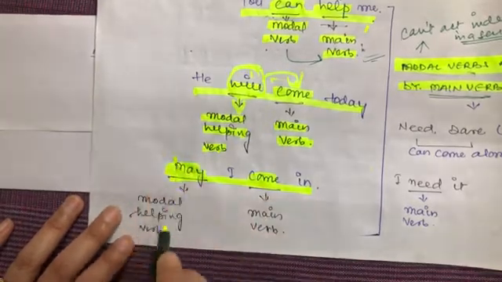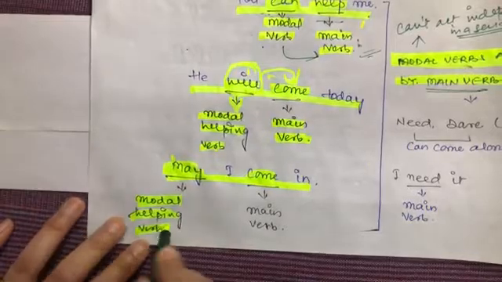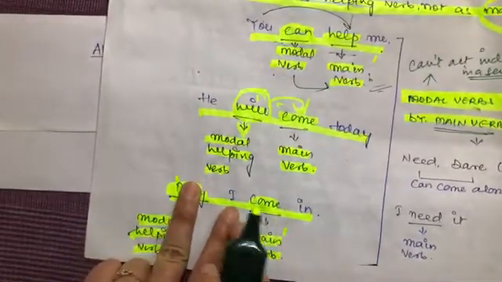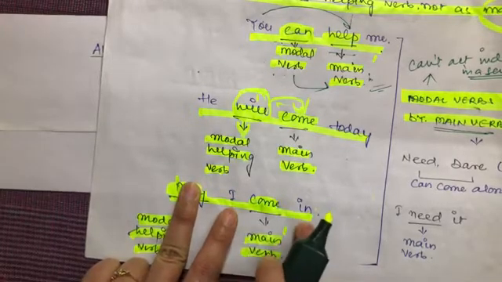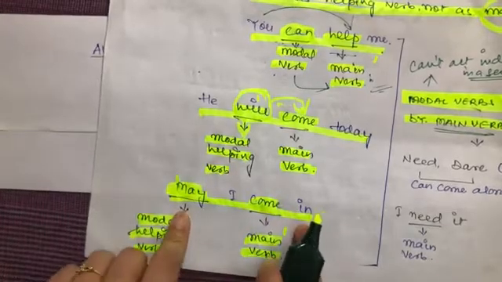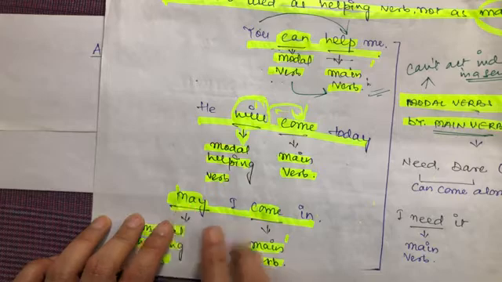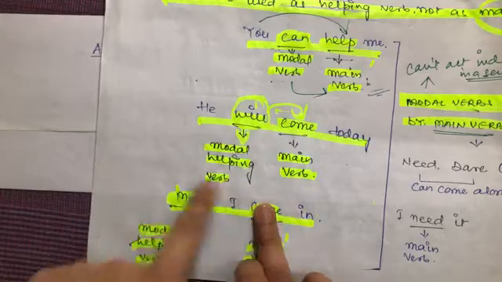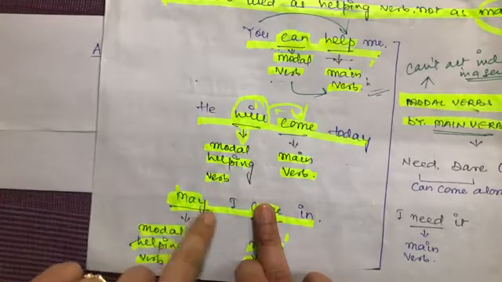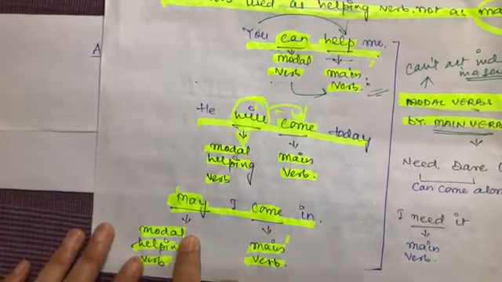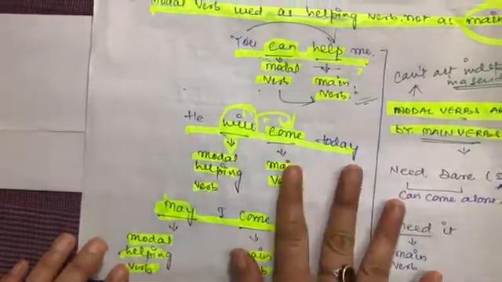May is the modal auxiliary verb, modal helping verb, and here come acts as a main verb. If I hide may, I come in, it makes sense, but grammatically it is wrong. But when I say may I come in, it makes sense. But if I don't use come, and make the sentence with only the modal helping verb, so may I in, it's not making any sense. So modal verbs always need a main verb to make complete sense.